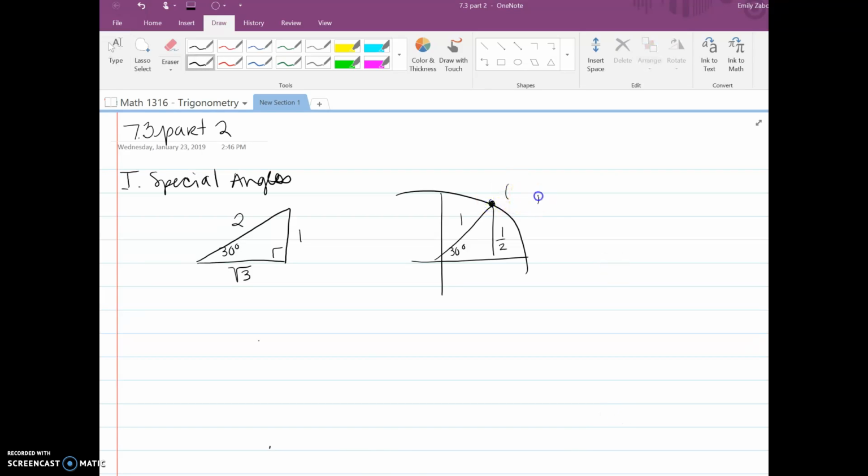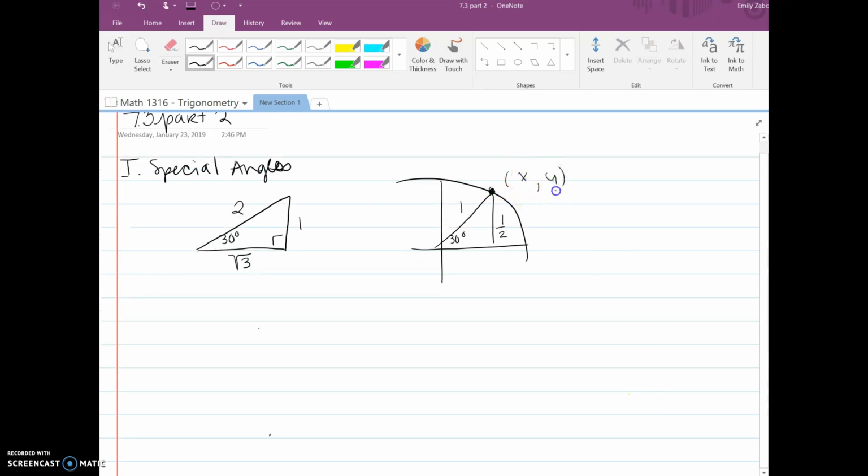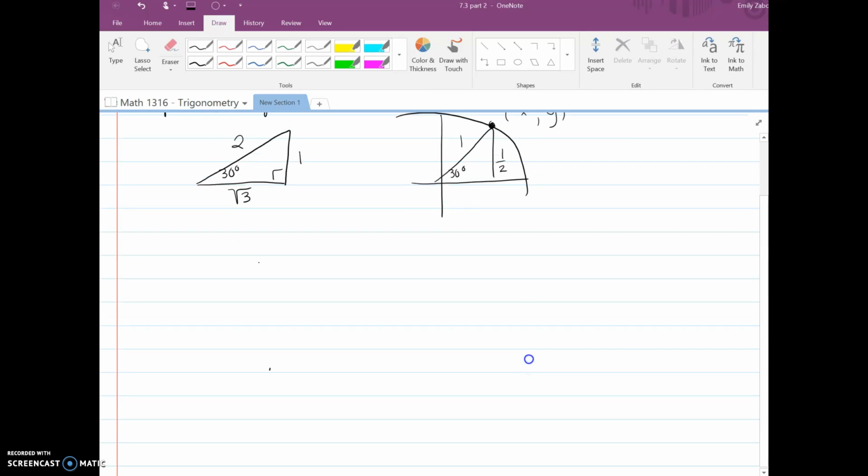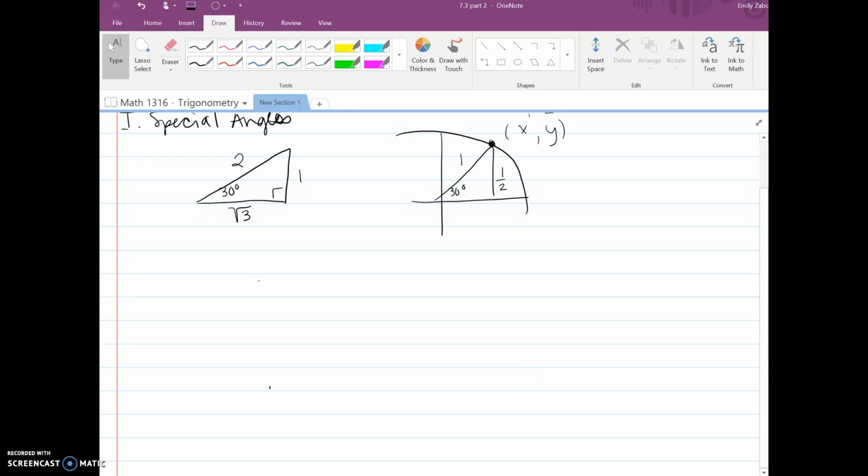So if I'm trying to figure out these ordered pairs, my x, y values, I know that my y value is going to be 1/2, but I need to figure out what that x value would be. So I am going to use my Pythagorean theorem to find that missing leg. I would say x squared, because this is the one I'm wanting to find, plus 1/2 squared equals 1 squared.